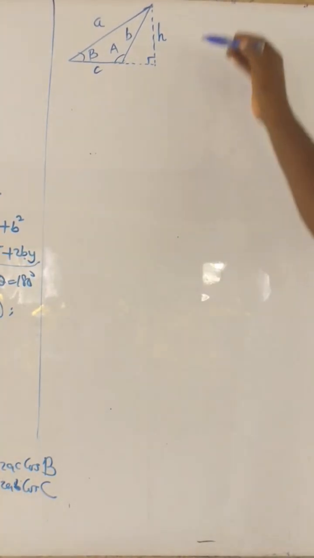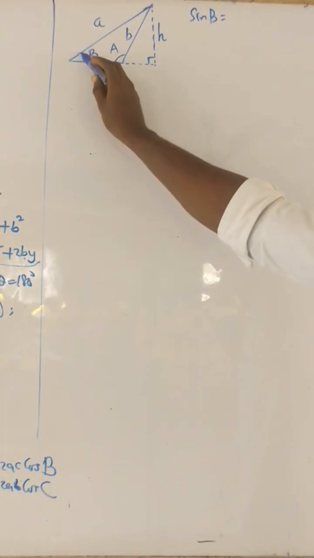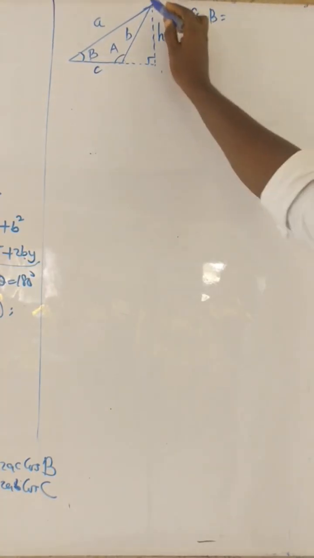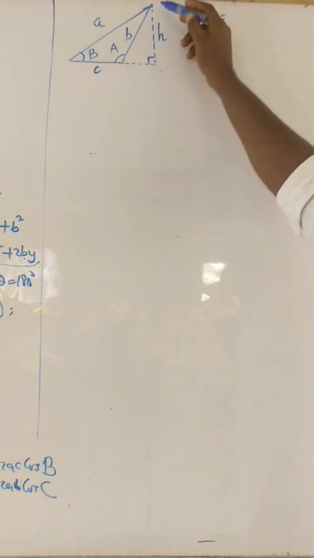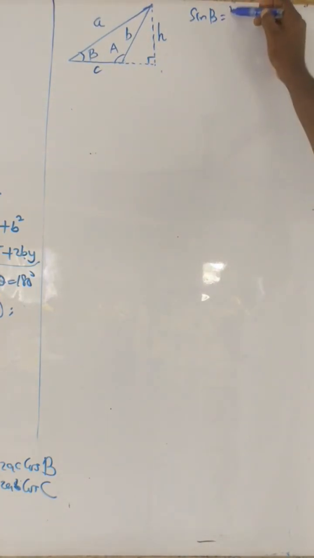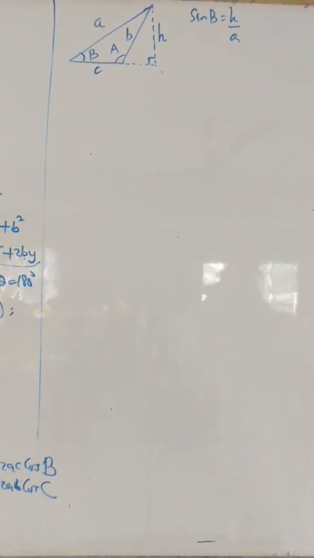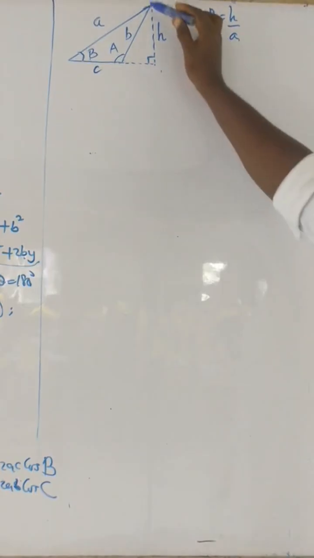Now look at this. If I do sine B, sine is opposite over hypotenuse. For this one, the opposite is what? H over what? A. Now, let's consider this small right angle triangle.